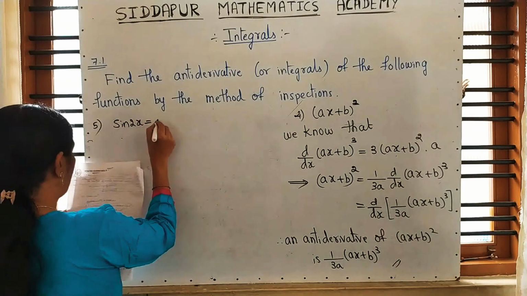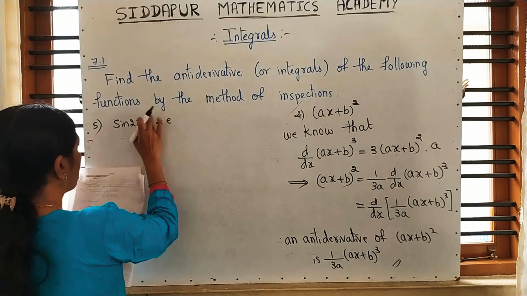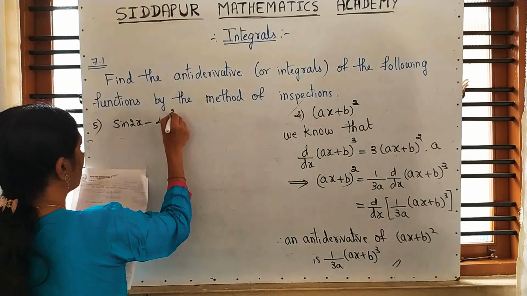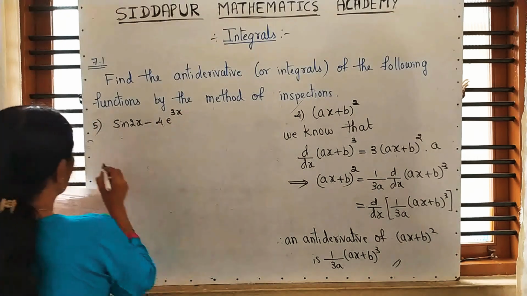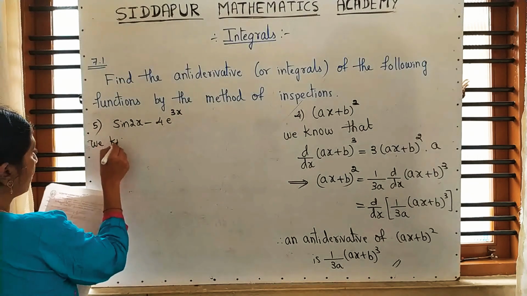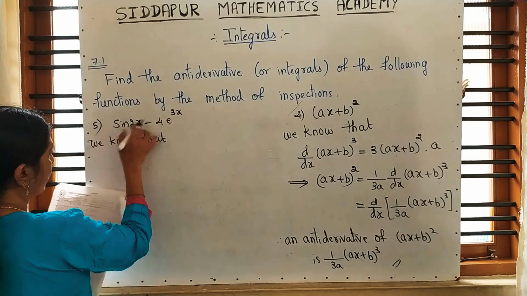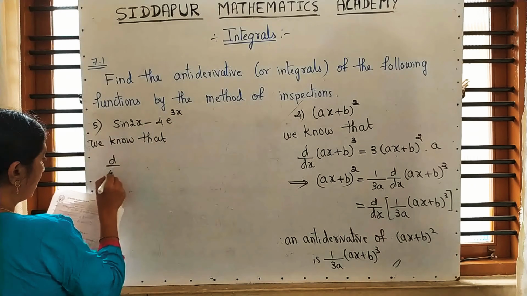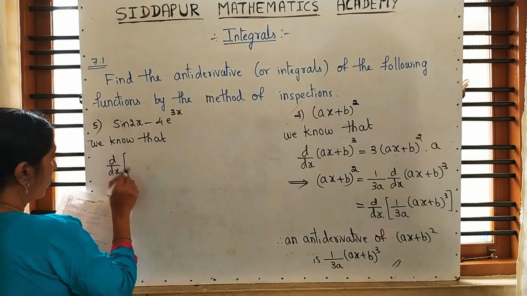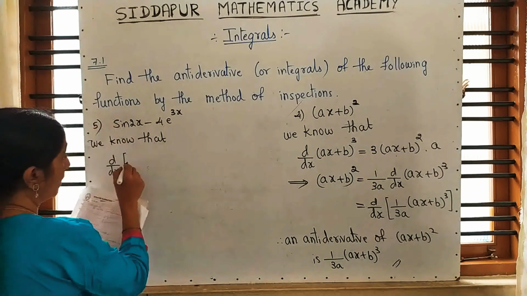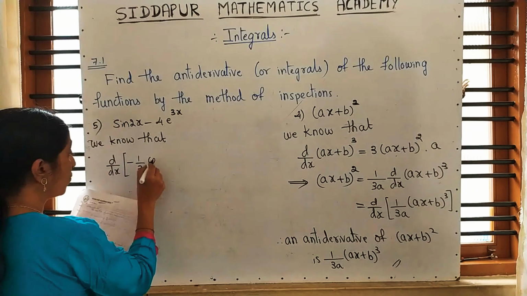sin 2x minus 4 into e raised to 3x. Just recall your memory in differentiation. Differentiation of cos gives you sin. And already we know that in the first sum it is minus 1/2 cos 2x.